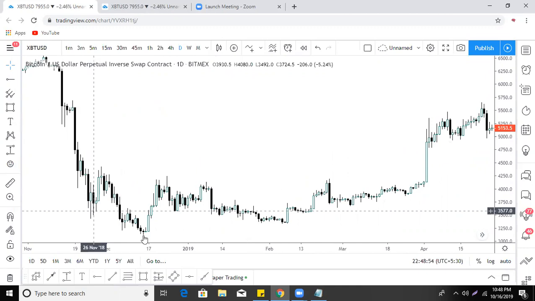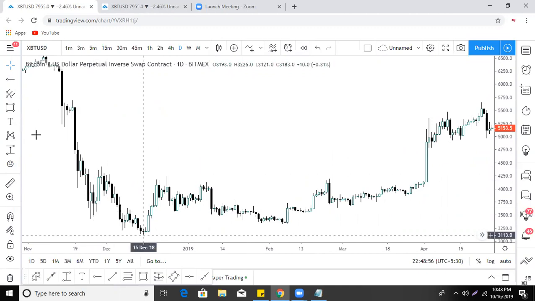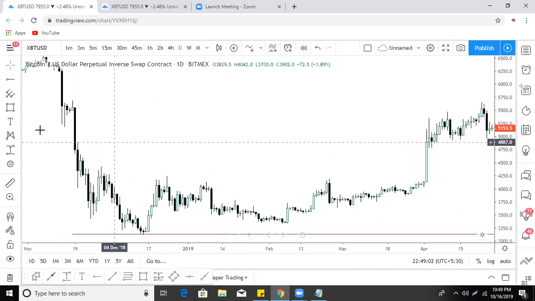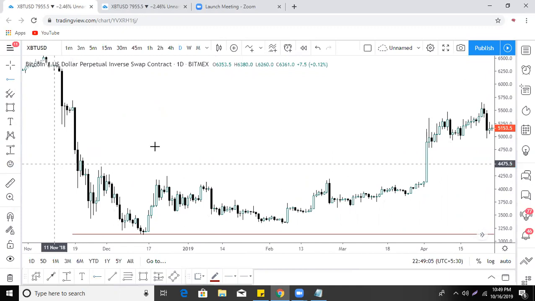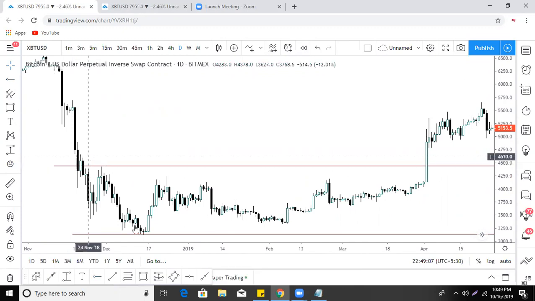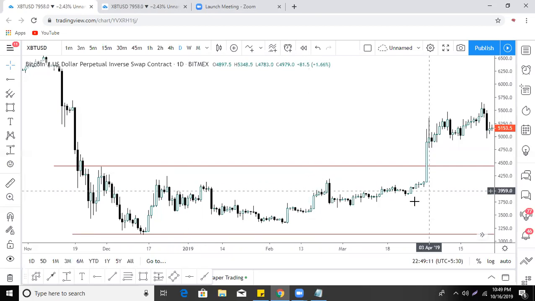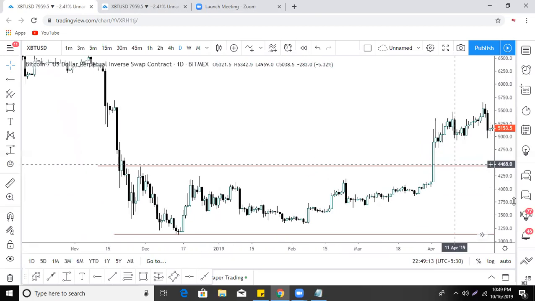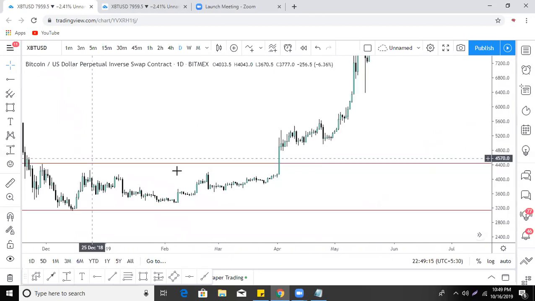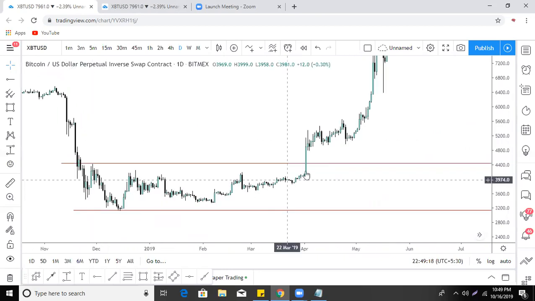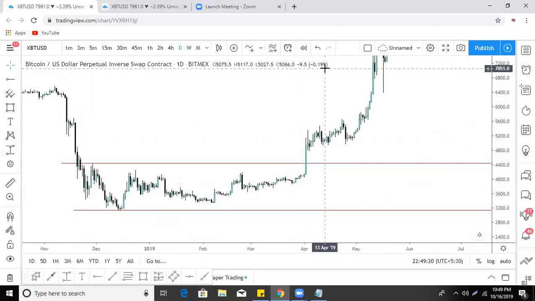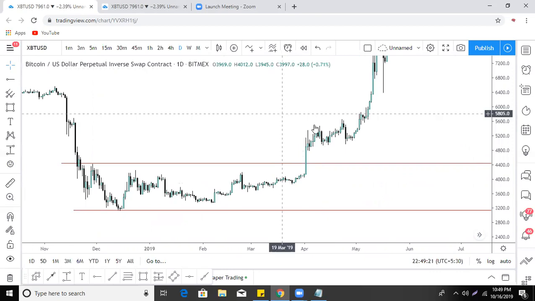Lower high, lower low. After this, price failed to make any new significant low. This was the high. And if you see, in this range the price stayed almost 3 months, right? When the price was in this range for 3 months, what happened? Price made an exit.